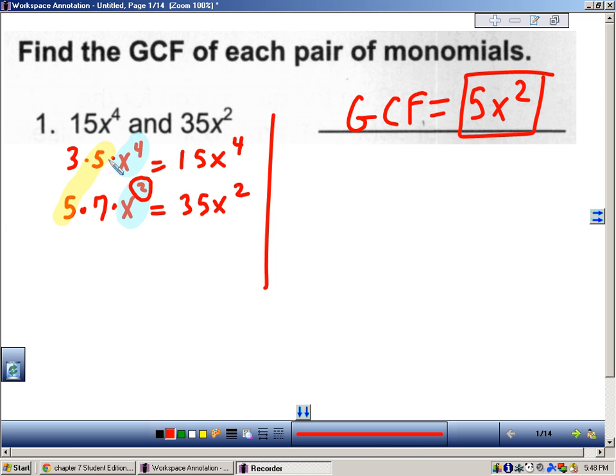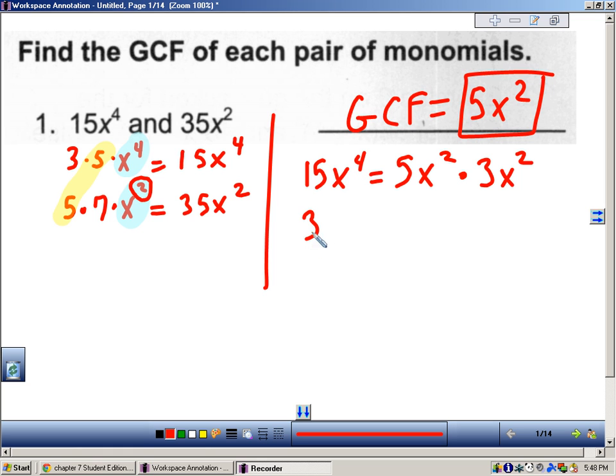I just want to make one quick comment about 5x squared. If I look at 15x to the 4th, 5x squared times 3x squared equals 15x to the 4th.